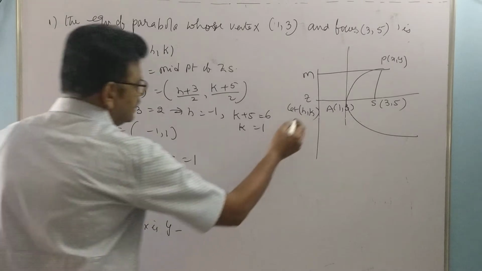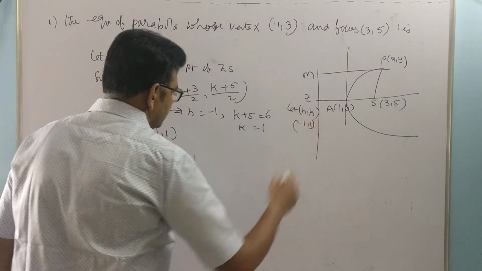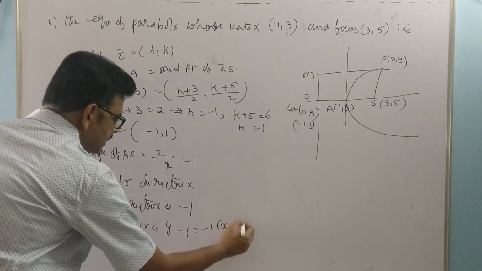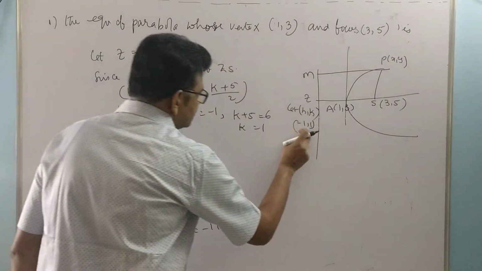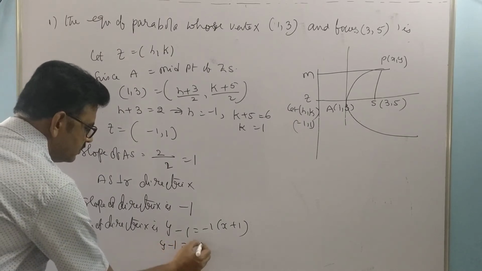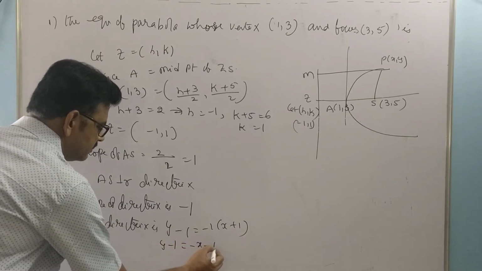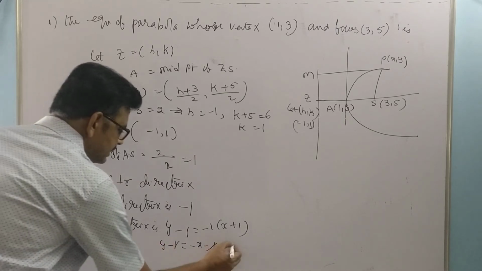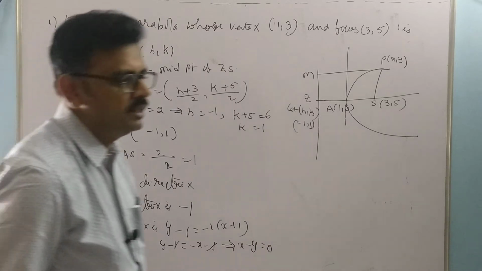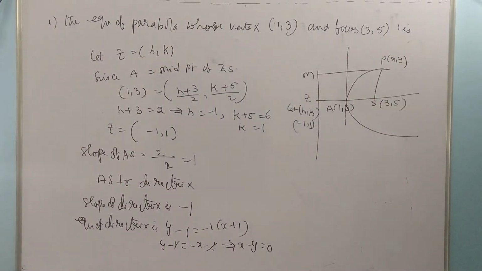What is x1, y1? This is the point minus 1 comma 1. y minus y1 is equal to m into (x minus x1), so this is y minus 1 is equal to minus (x minus 1). So this implies x minus y equal to 0 is the equation of directrix.